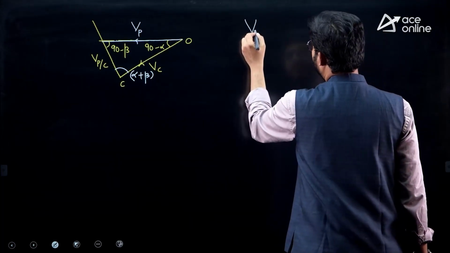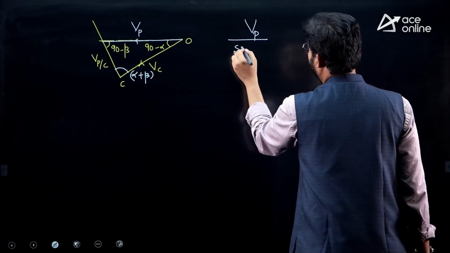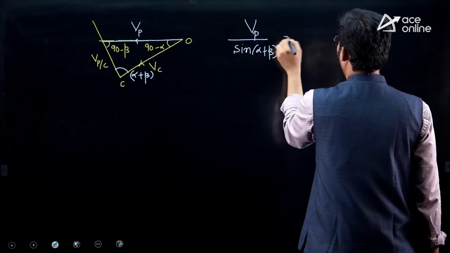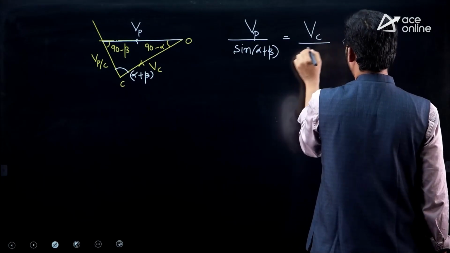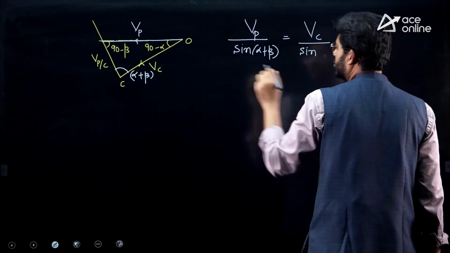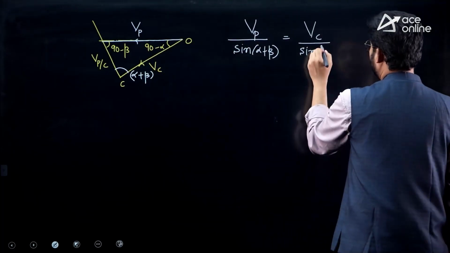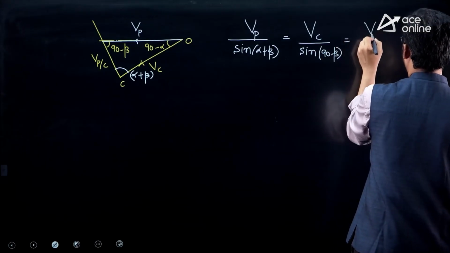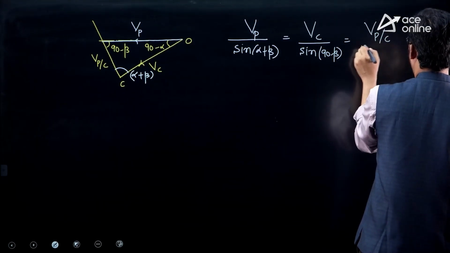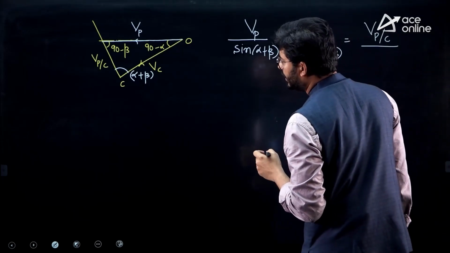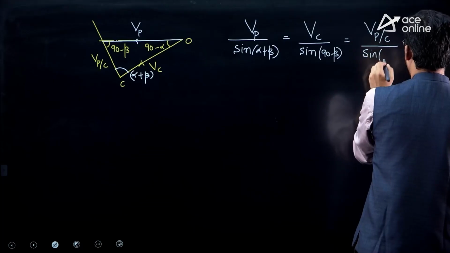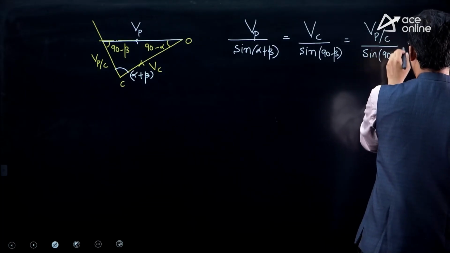So velocity of piston divided by sine of the angle, that is alpha plus beta, is equal to velocity of the crank pin divided by sine of the angle opposite to that, sine of 90 minus beta. In the same way we can also express it for the connecting rod: velocity of the connecting rod divided by sine of the angle opposite to that, sine of 90 minus alpha.